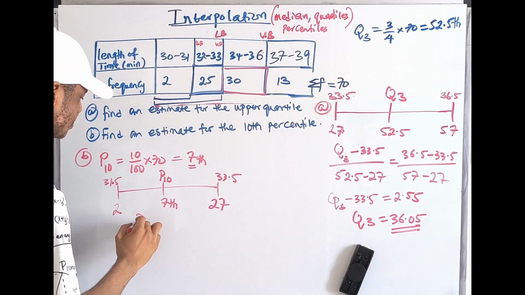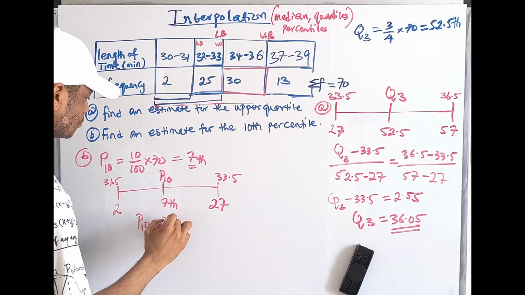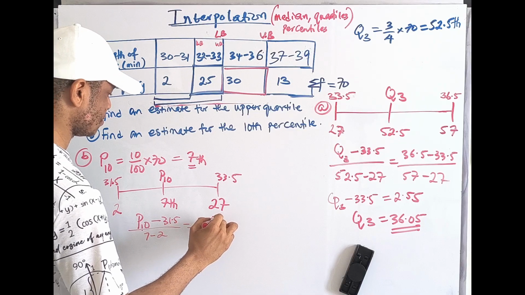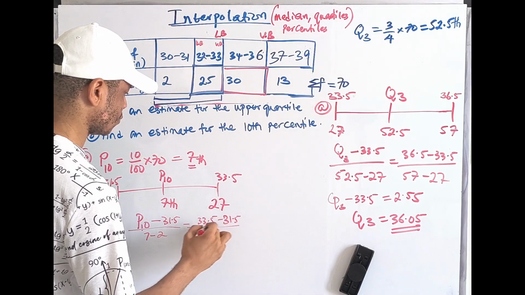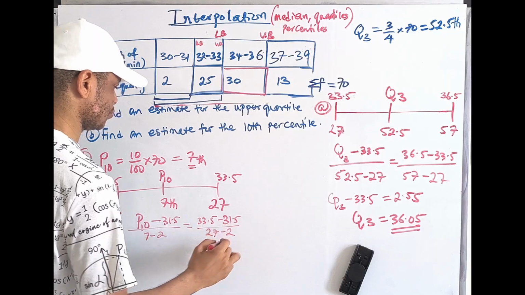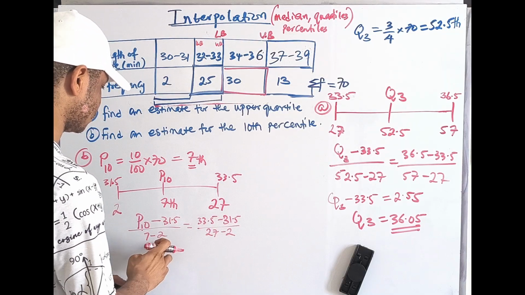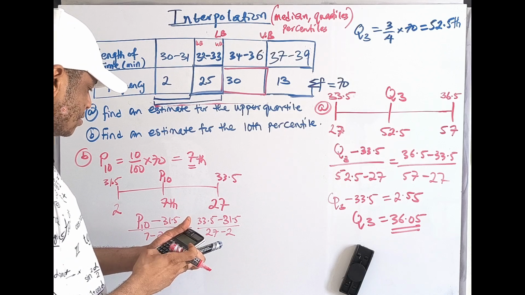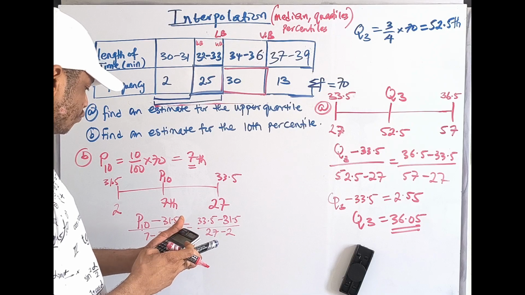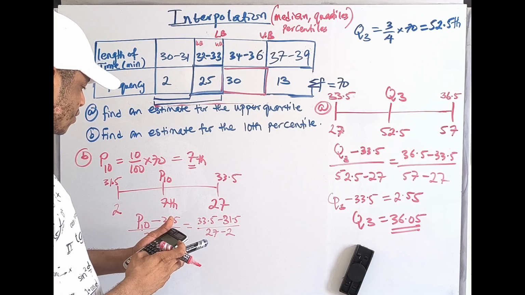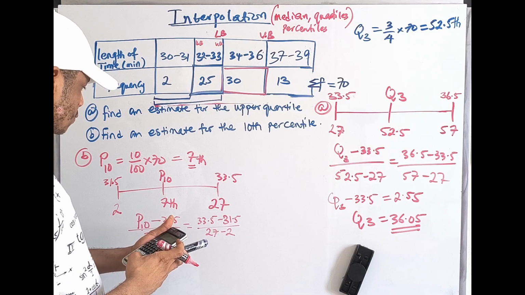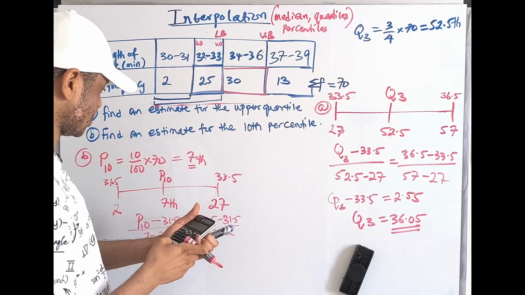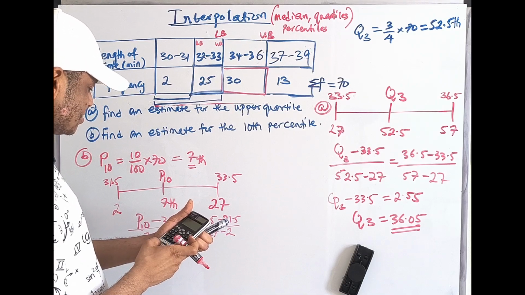So I repeat the same thing: P10 minus 31.5 over 7 minus 2 is equal to 33.5 minus 31.5 over 27 minus 2. Now let's check. So this will be 33.5 minus 31.5, divided by 27 minus 2, times 5, plus.